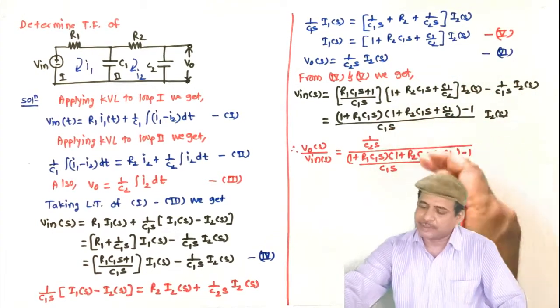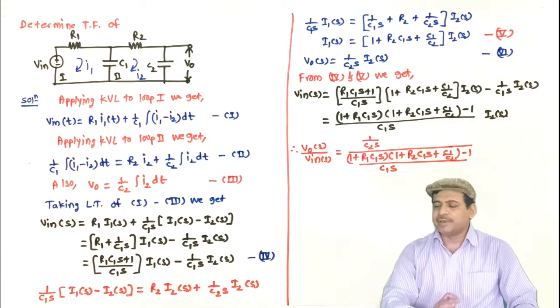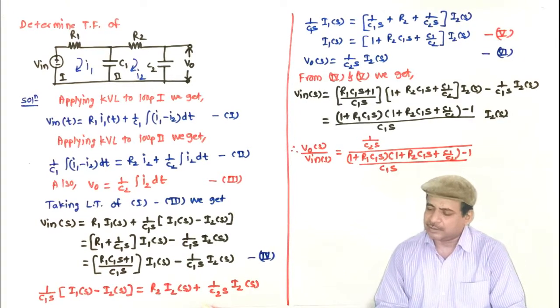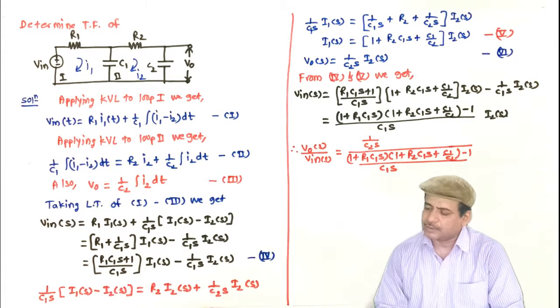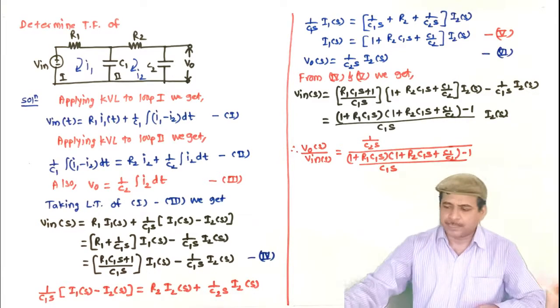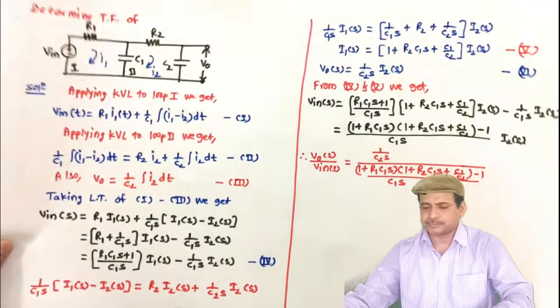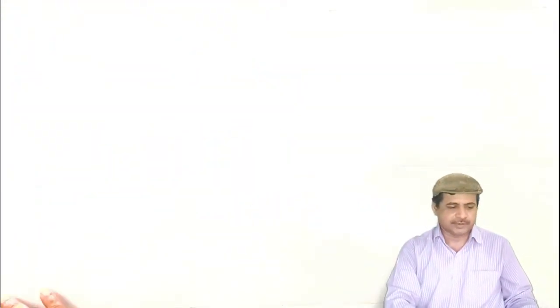Here will be I2, here will be I2, that gets cancelled. Now let us simplify this. Let us use another sheet for simplification.